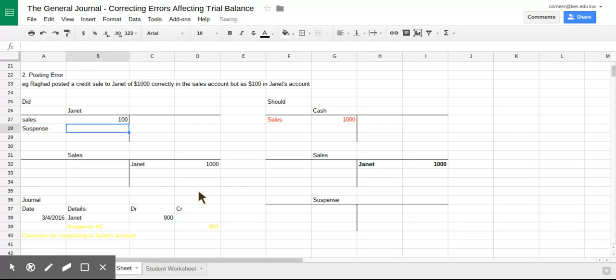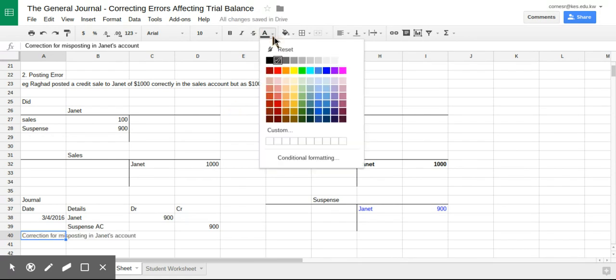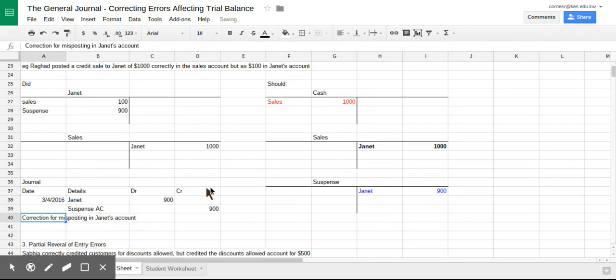Then in the suspense account, I'm going to make a credit entry for $900. Janet is the other account that's affected, and I'm going to put $900 on the credit side there. What we mustn't forget is to put our commentary in. So the reason for doing this is the correction of a misposting in Janet's account.